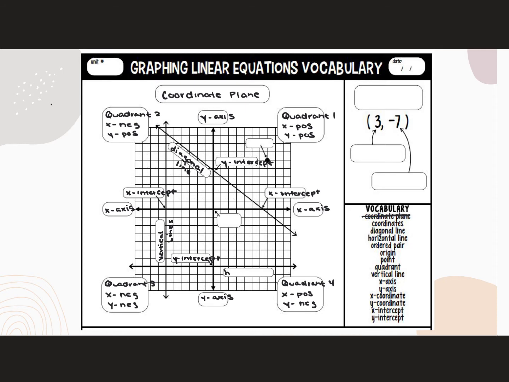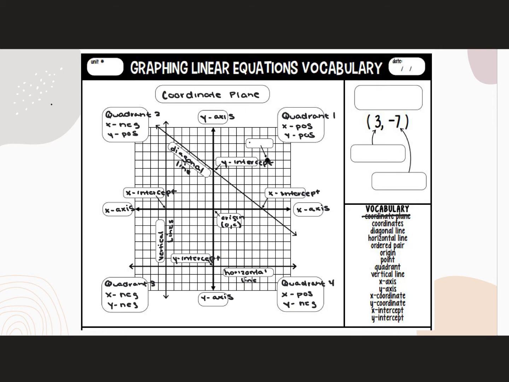Horizontal lines have a 0 slope and the equation y equals. We know that our center point is called the origin, which is the point 0, 0, where your x-intercept is 0 and your y-intercept, if you're graphing, is also 0.